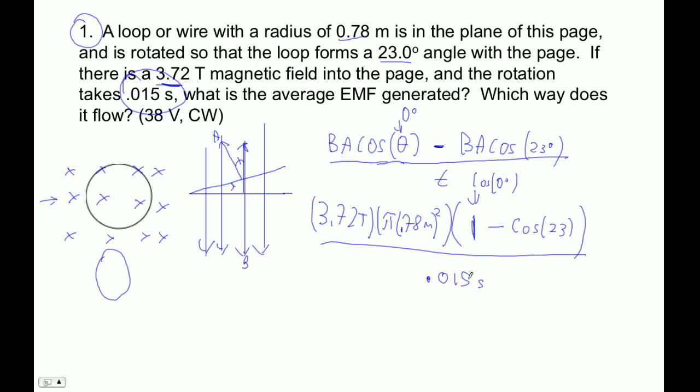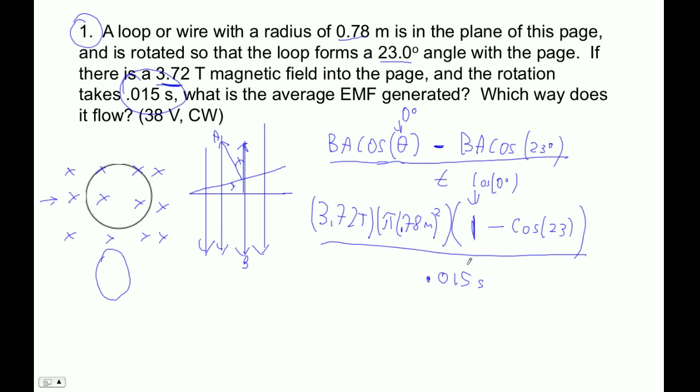Okay, so let's figure this out. 3.72 times pi times 0.78 squared times parentheses 1 minus cosine of 23, right parenthesis. Whoops, that was a fail, I just hit the tangent button.